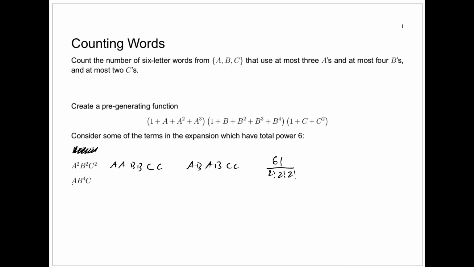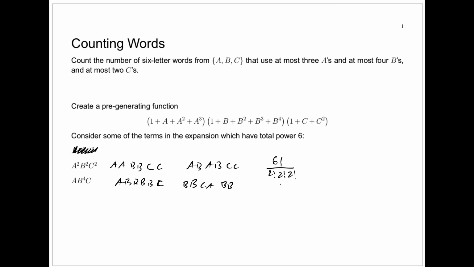What about the term that looks like A, B to the 4th, C? That would mean a word that has 1 A, 4 B's, and 1 C, like A, B, B, B, B, C. Of course, there are many rearrangements of this word that would also have 1 A, 4 B's, and 1 C. A rearrangement might look like B, B, C, A, B, B. And of course, a huge number of other ones.